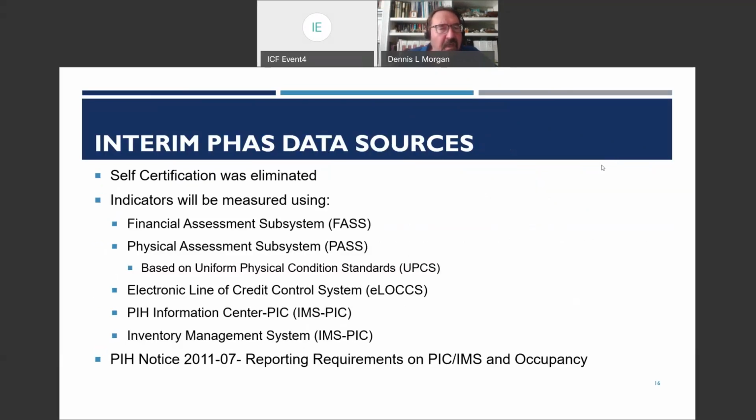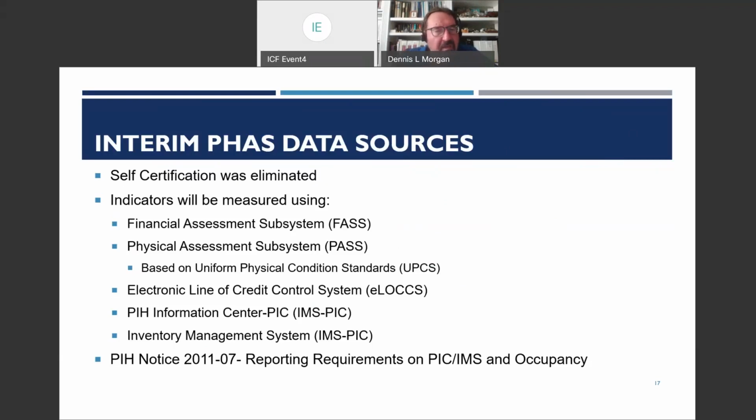And so self-certifications and self-evaluations were all eliminated under the interim rule. It brought in these variables, the financials, the physical, which is founded upon UPCS, the Uniform Physical Condition Standards. Now, why is that so important? Because it goes to the heart of your scoring system as well.